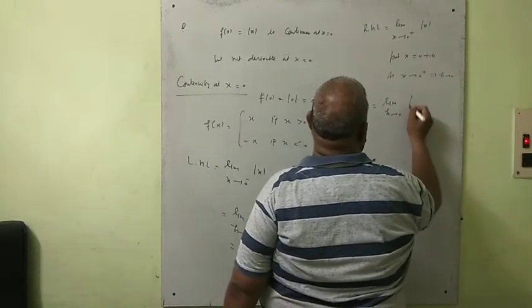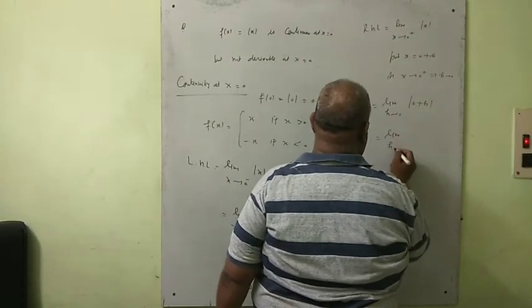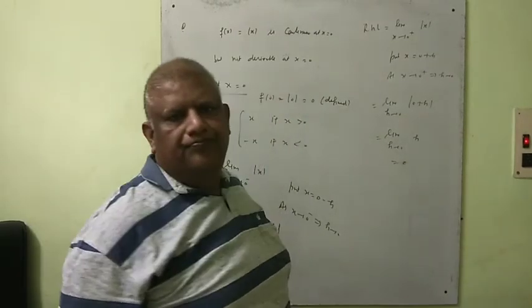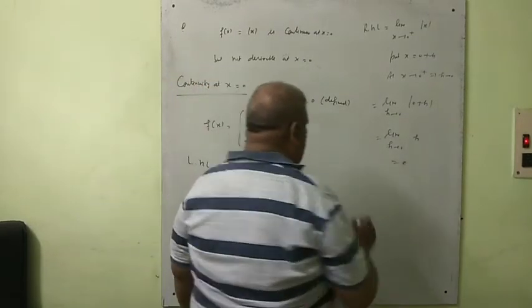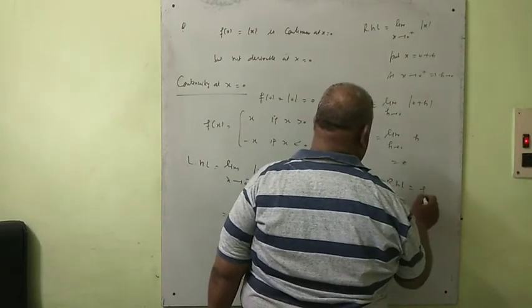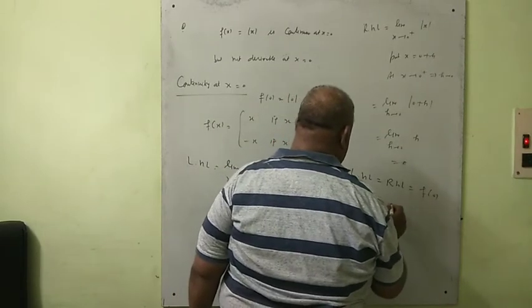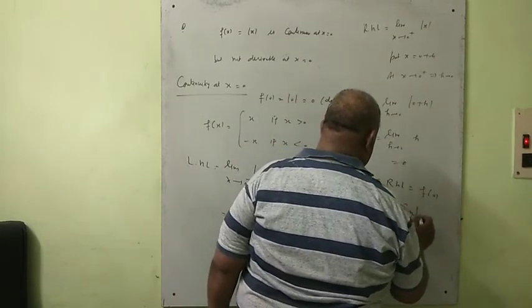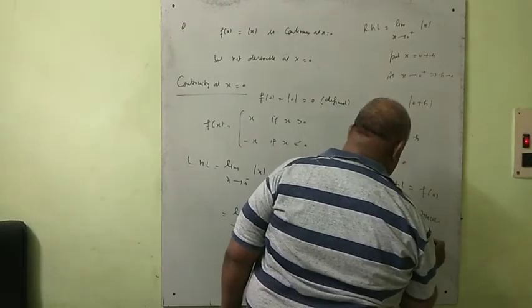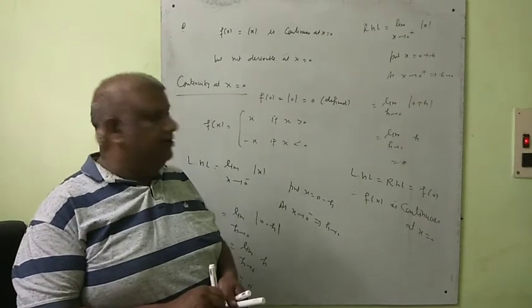Limit h tends to 0, h is 0. So we have left hand limit equal to right hand limit equal to f(0). Therefore, f(x) is continuous at x equal to 0. And this type of question we have already done.